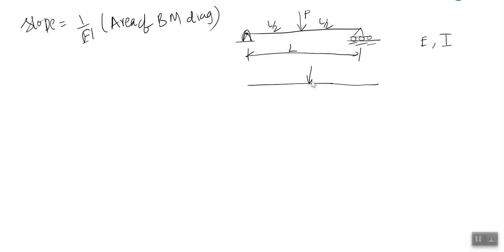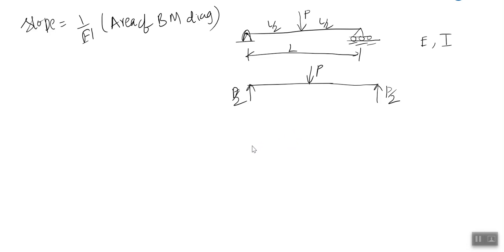Since there is a load P acting in the middle of the simply supported beam, this load will be shared by the two supports equally. This is P by 2, and here also we have P by 2. Now the beam is in equilibrium.